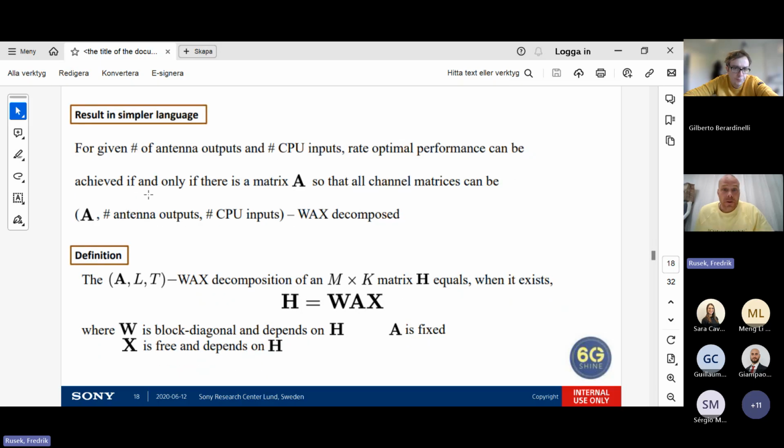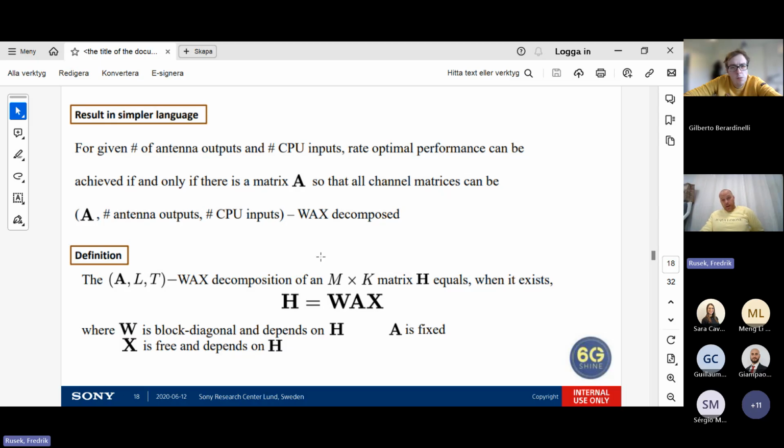Yeah, okay, so here is just a repetition of what I said. Rate optimum performance can be achieved if and only if I can find a matrix A so that all channel matrices can be WAX decomposed. And the WAX decomposition follows from this structure, the naming of it.